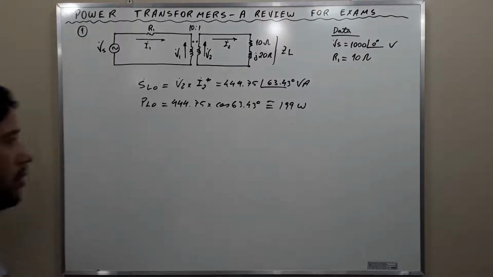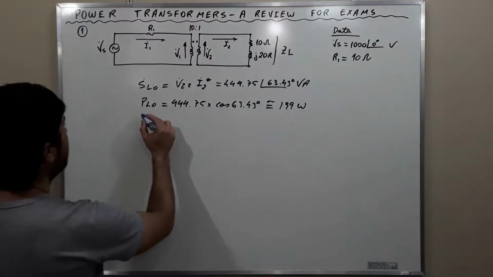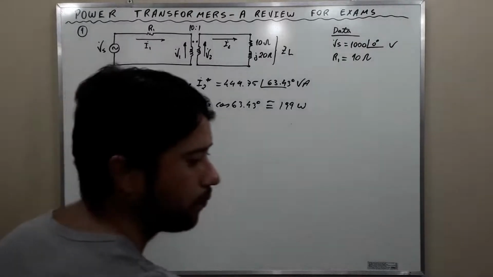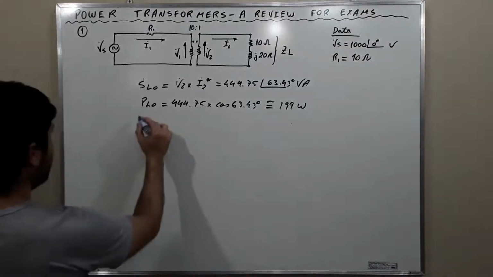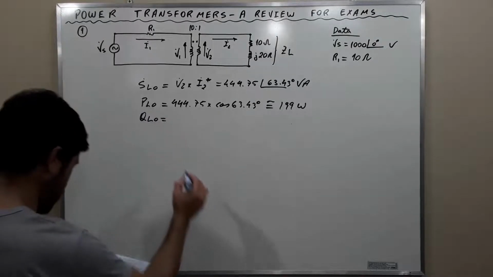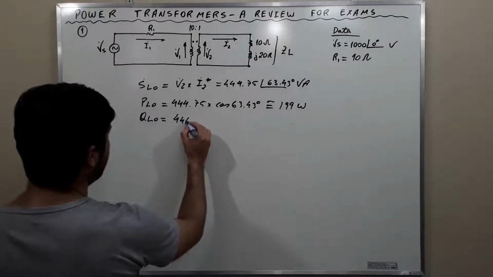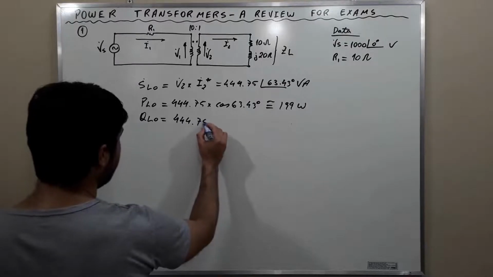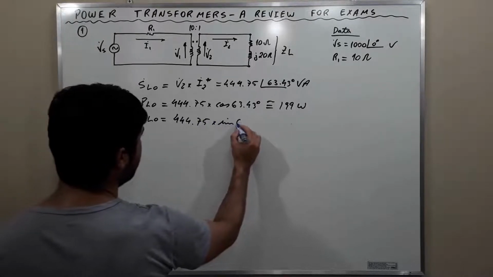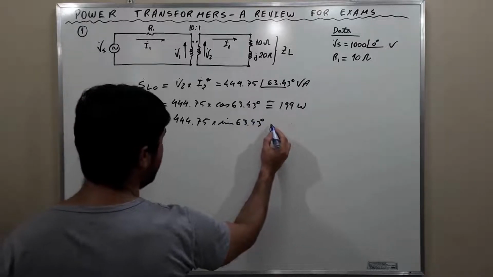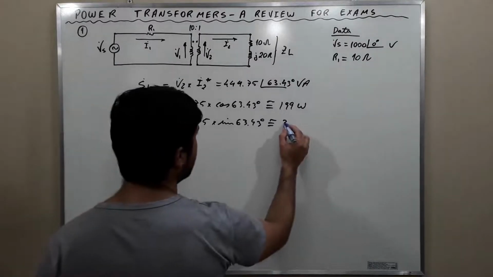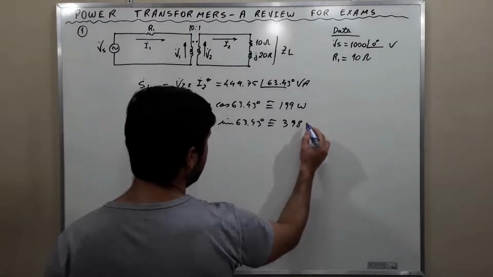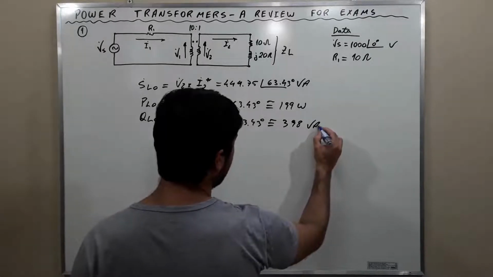This is the real power delivered to the load, and the reactive power Q load is equal to 444.75 times the sine of 63.43 degrees, which is approximately equal to 398 VAR.